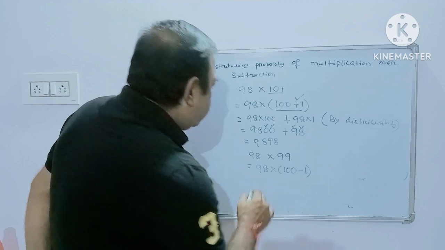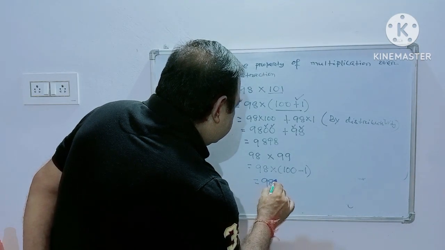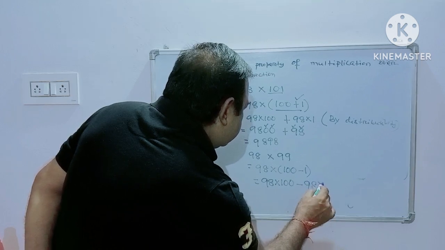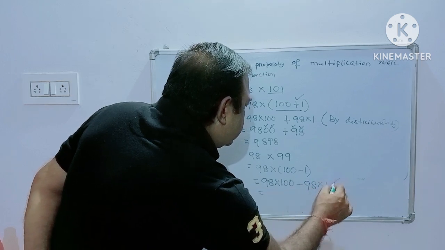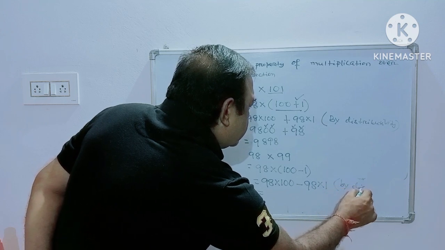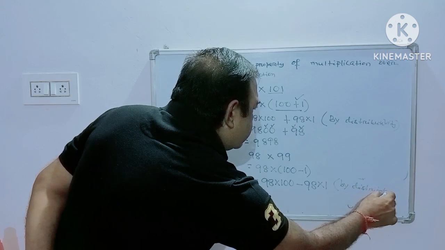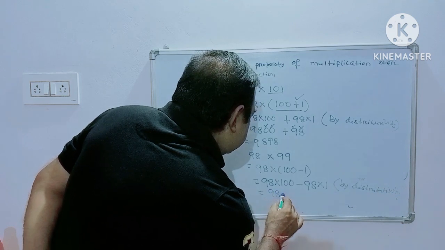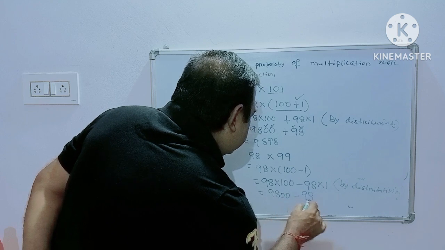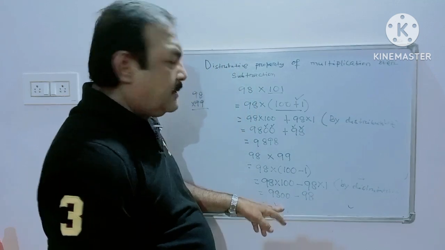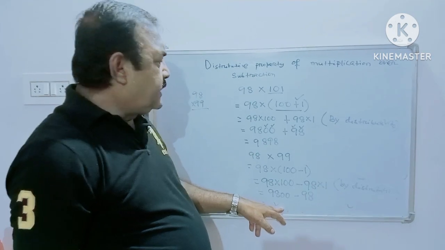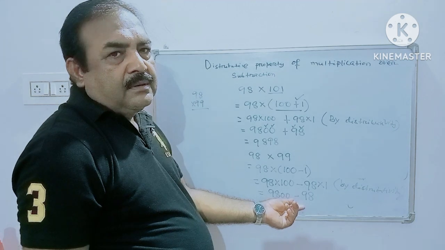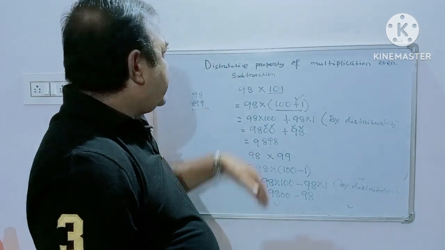Okay? So this is by distributivity. Then we subtract and write. So it is easy. Only one subtraction is needed to know the difference. So this property is very much useful.